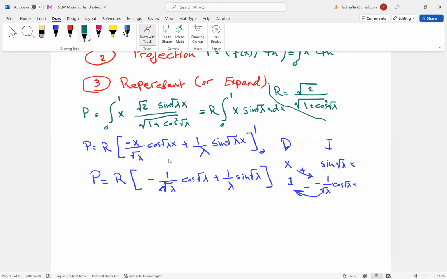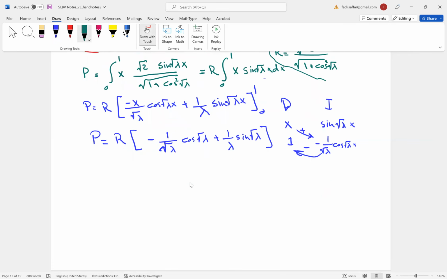If we again use the characteristic equation, we can see that the cosine square root of lambda is just equal to negative sine square root of lambda over square root of lambda.